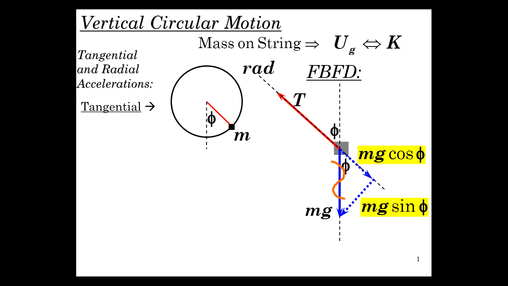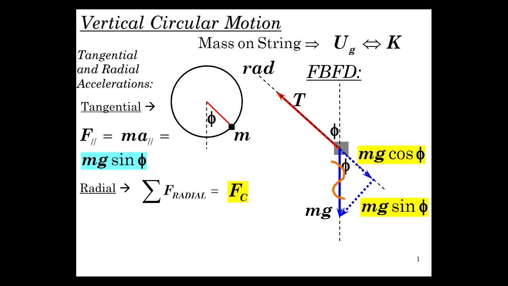Now let's look at the tangential and radial accelerations from this force. In the tangential direction, we have that the parallel force, tangential parallel, is m a parallel, which is mg sine of phi. And that's it. There's nothing else. In the radial direction, we have two forces. We have tension acting inward, mg cosine of phi acting outward.